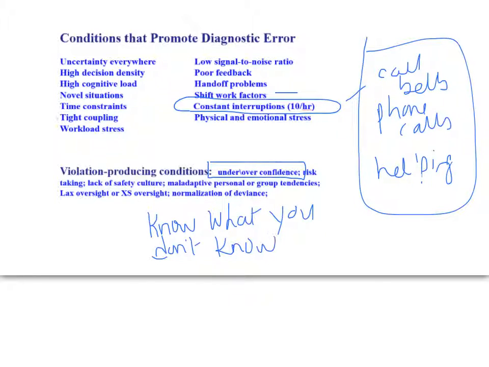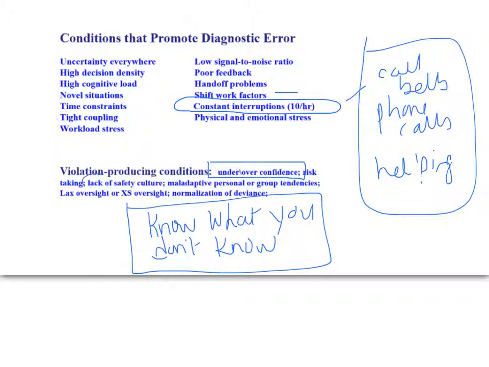And to some degree, it's okay not to know things, right? You can't know everything. So using the tools that you've gotten through this course, you can identify the most important things that you need to know about situations rather than knowing every little bit. Okay? So this over and underconfidence is a problem.